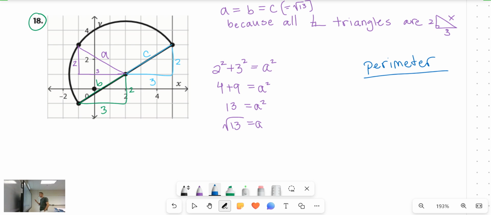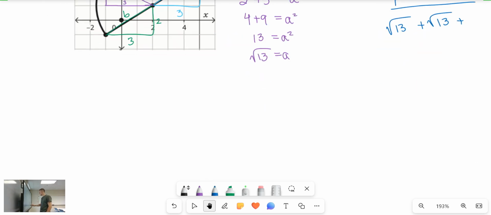The whole perimeter is going to be B, which is the square root of 13, plus C, which is the square root of 13, plus half of the perimeter of a circle, right?